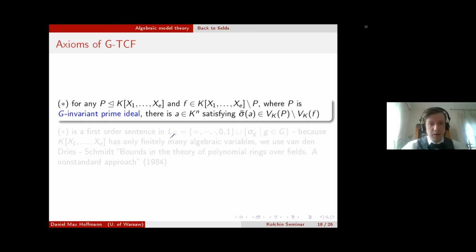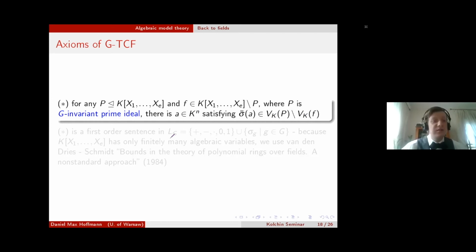So how do you make it first order? If you have a G-invariant prime ideal, it will be finitely generated, so there will be finitely many polynomials, and these polynomials will have a finite number of coefficients.